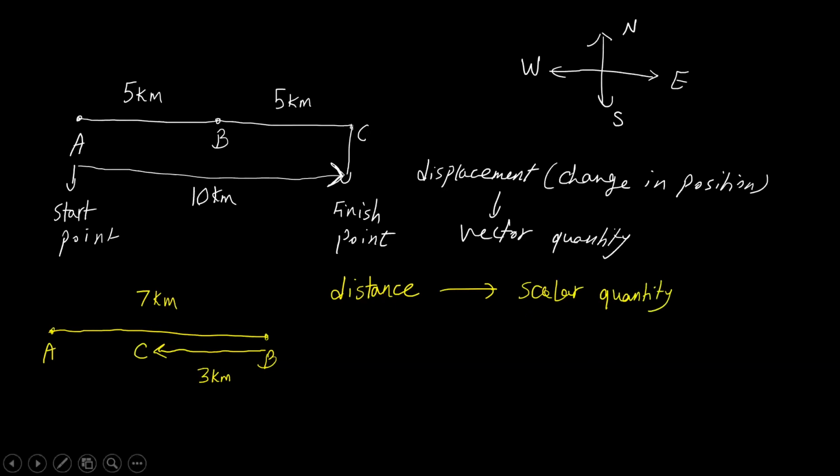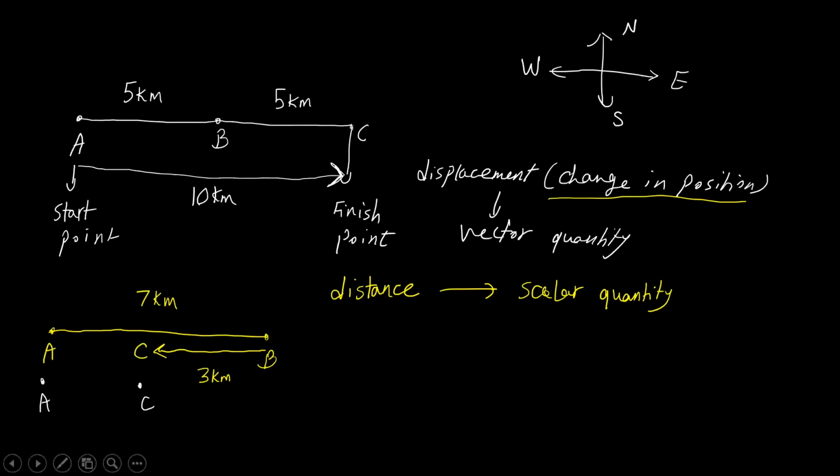But if I ask you, okay, what's the displacement here? Displacement, if we look at the definition, is change in position. So where I started and where I finished: I started at point A. This is my start point, and I finish at point C. And this is my end point.